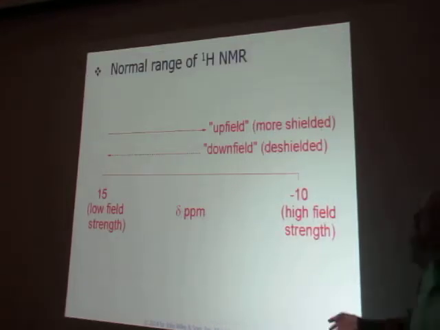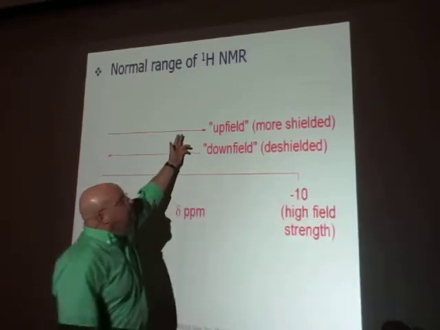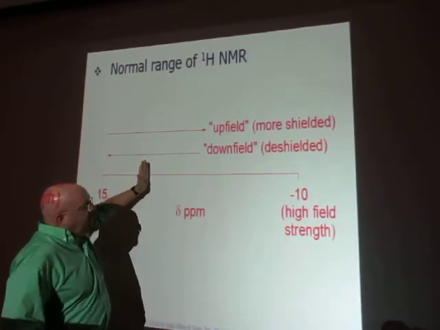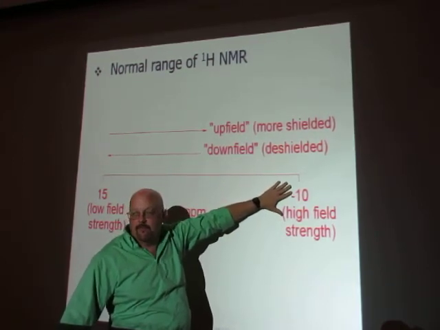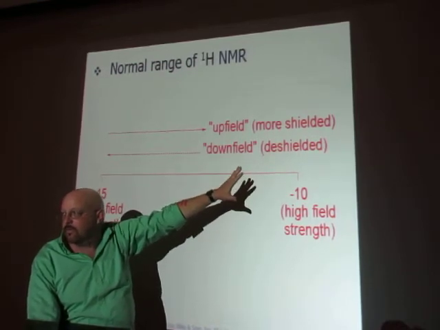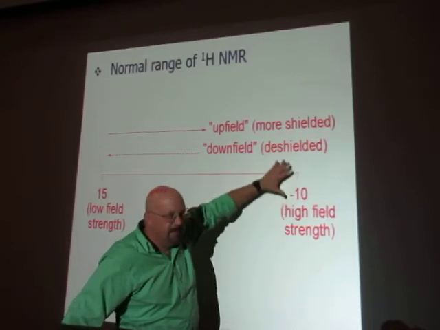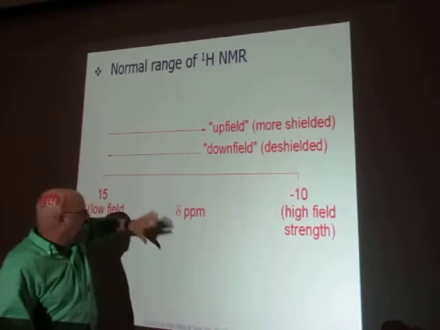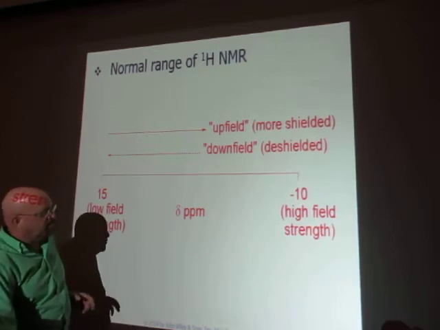So, let me show you which way things are going to go. Things that are shielded, they move upfield. That's to lower ppm values. That's the upfield end. I know that seems weird. Upfield is going to smaller numbers, but that's the way it goes. So this is the upfield end. This is your high field strength. This is your low field, but the ppms are switched on that.